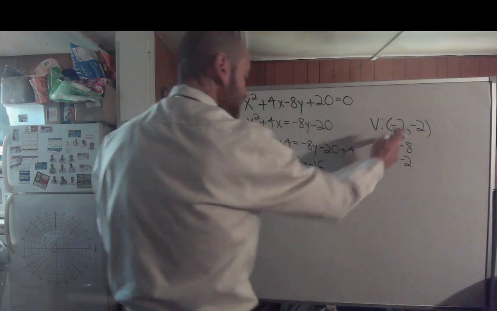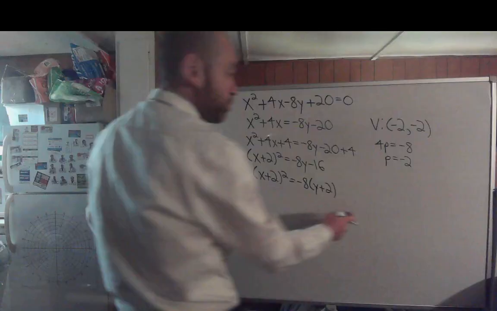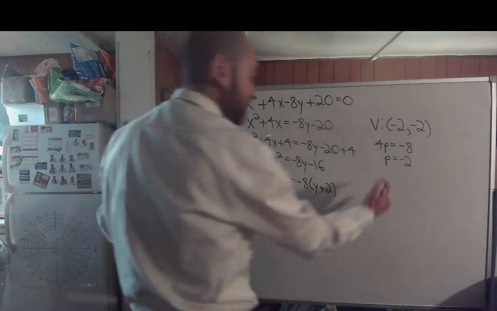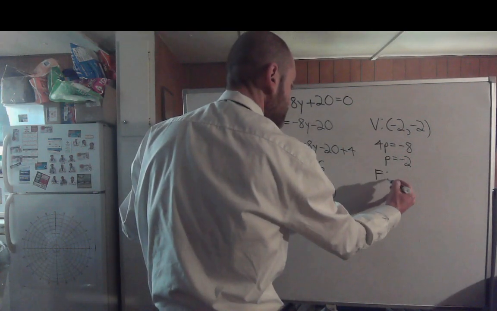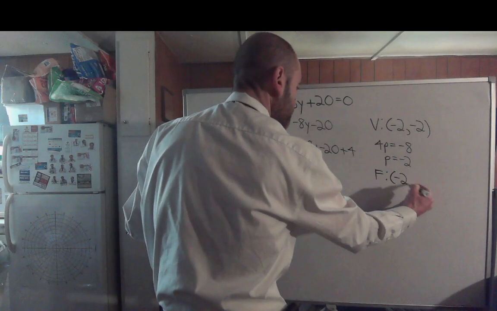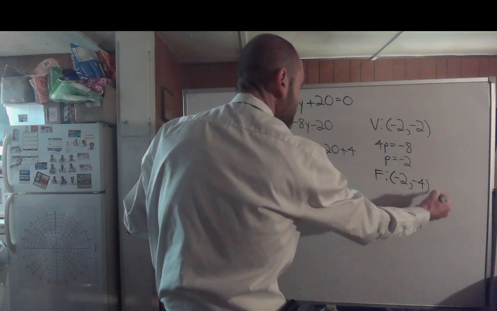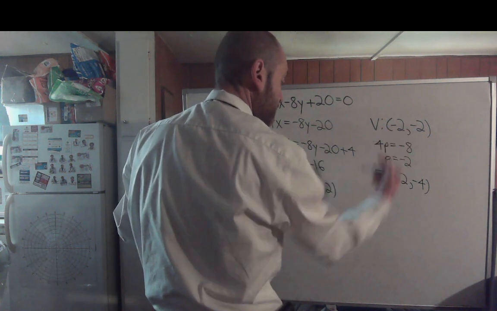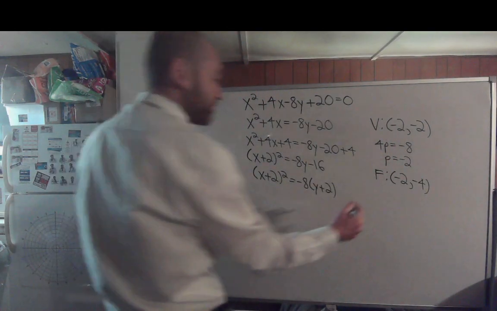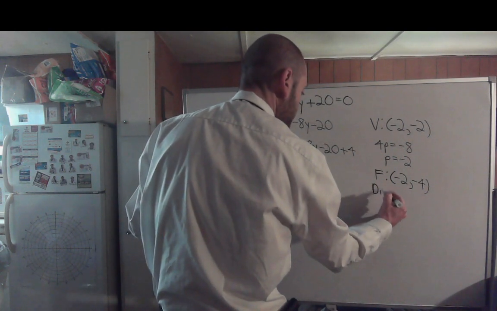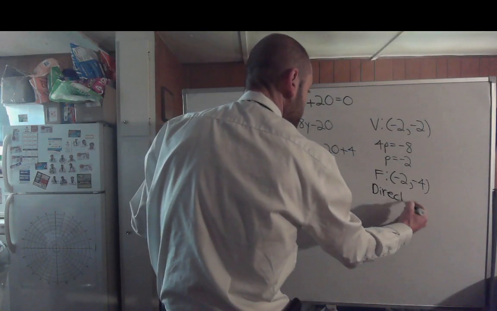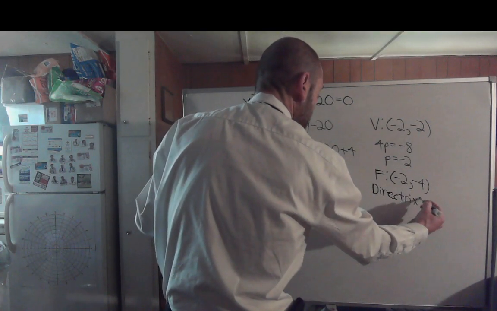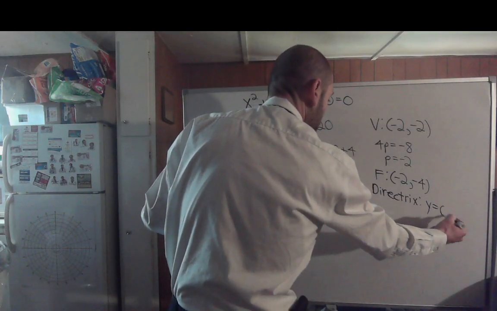So you'll add that to the y-coordinate of your vertex to get your focus. Your focus is going to be negative 2, negative 4. And then to get your directrix, you'll subtract that negative 2 from the y-coordinate of your vertex. So your directrix would be at y equals 0.